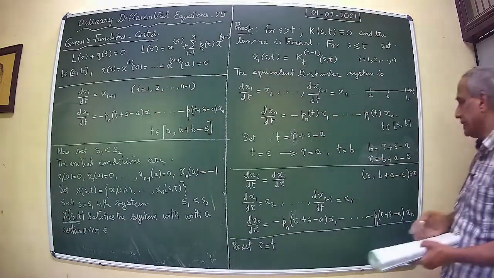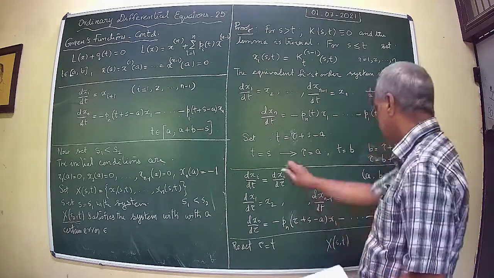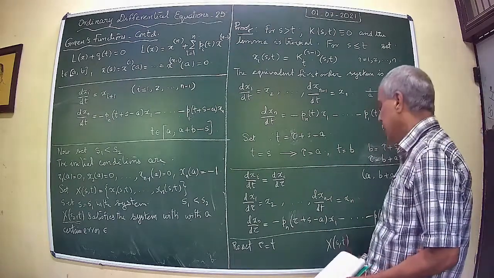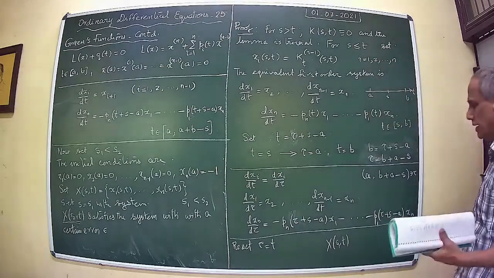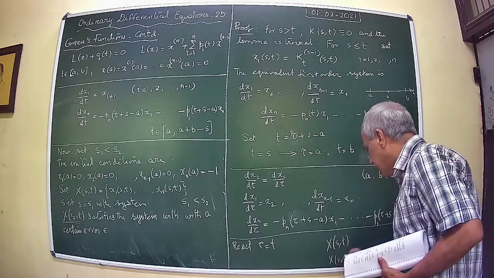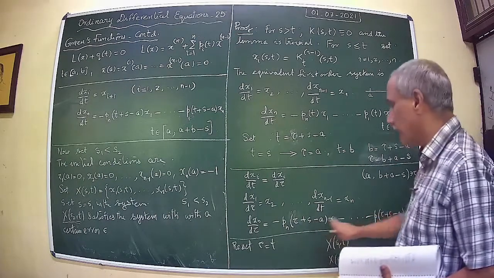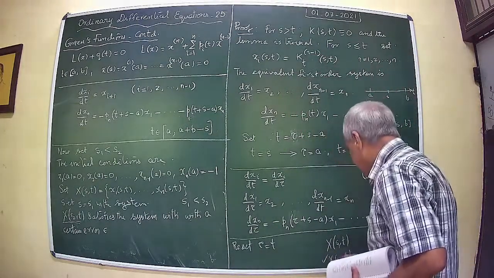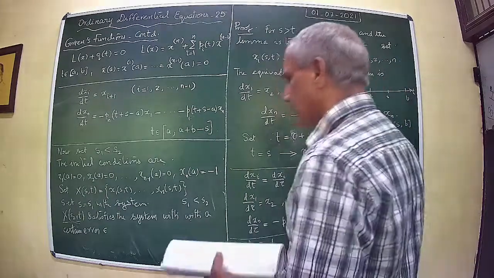See that X(S,T) is a solution of this system. So X(S1,T) is a solution of the same system with S replaced by S1, and X(S2,T) is another solution of the system with S replaced by S2. So what you are asking is, what about this X(S2,T) as a solution of the system with S equal to S1?